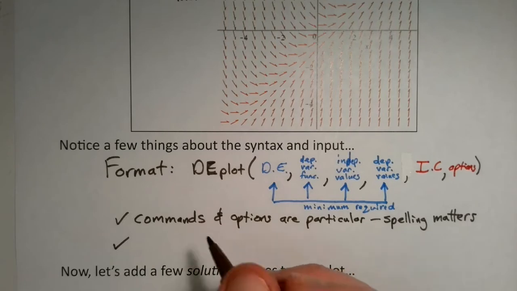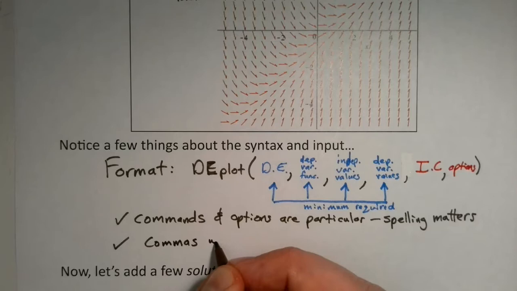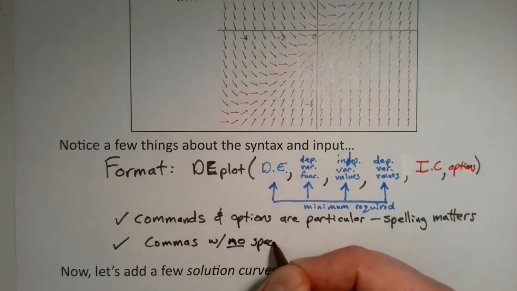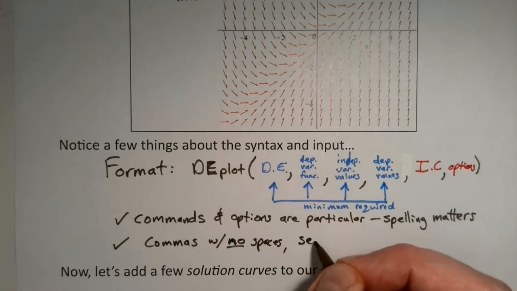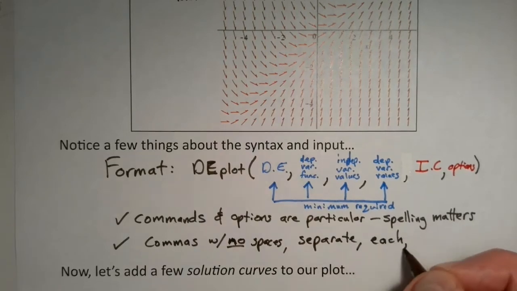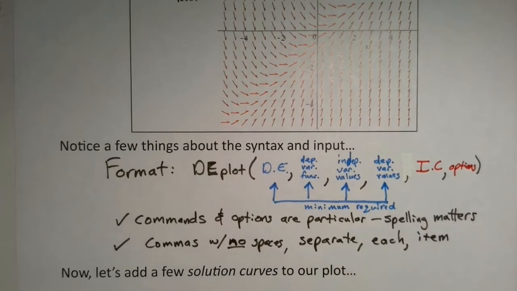And the second thing that makes sense is commas with no spaces separate each item. So when you have items inside here, if you want to show that you're going on to another item or another option, all you have to do is just separate it with a comma. You don't have to include spaces.